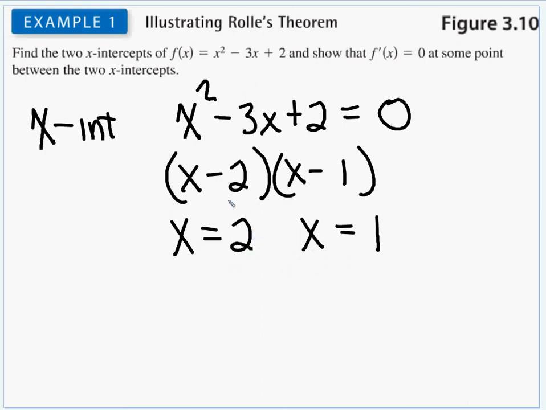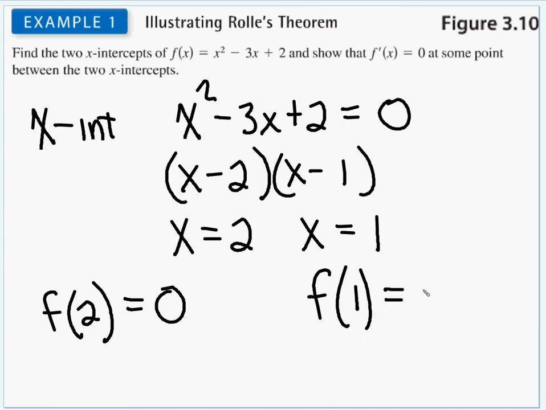We know that f of 2 is equal to 0, and f of 1 is equal to 0. So now Rolle's theorem says somewhere in between 1 and 2, we're going to have a spot where there would be a horizontal tangent line.